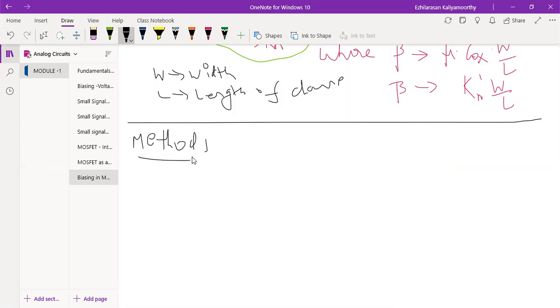So method 1 is biasing by fixing VGS. Now here, the most straightforward approach to biasing a MOSFET is to fix its gate to source voltage, that is VGS, to the value required to provide the desired ID.